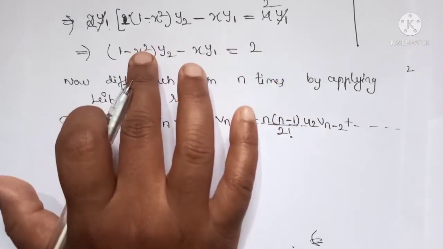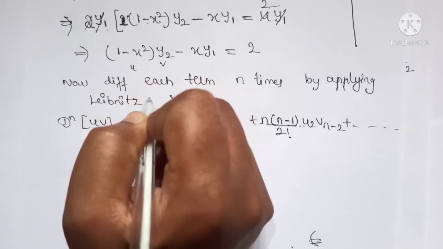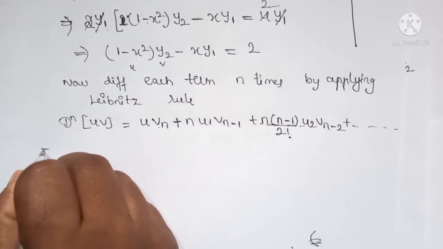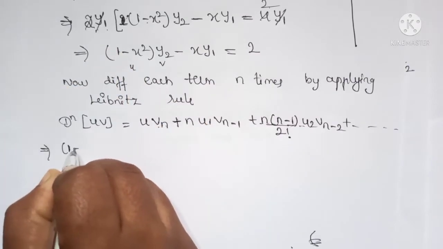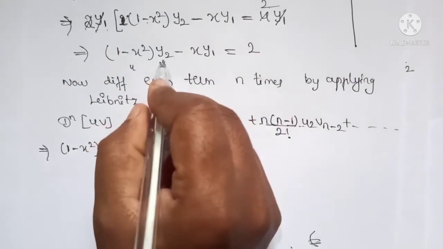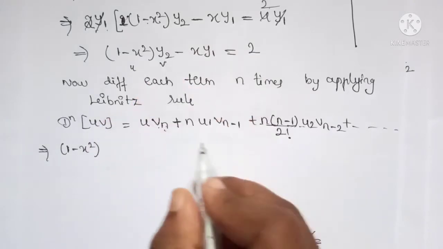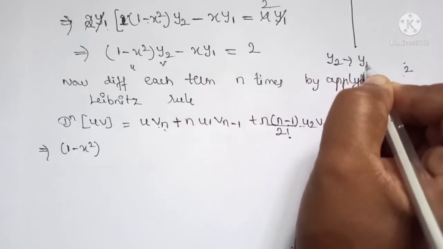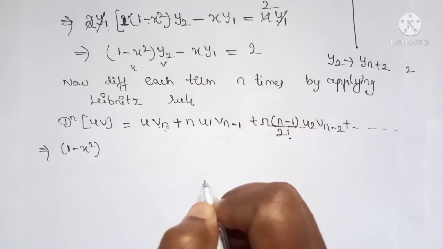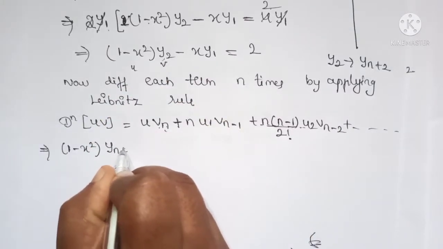Okay, first we apply for this term, so take this as u and this one as v. So differentiating that by applying this Leibniz theorem we get, so u as it is, nth derivative of v. The nth derivative of y2 is, as I already told you, y_{n+2}. Okay, so its nth derivative will be y_{n+2}.